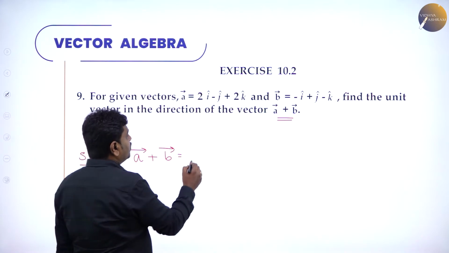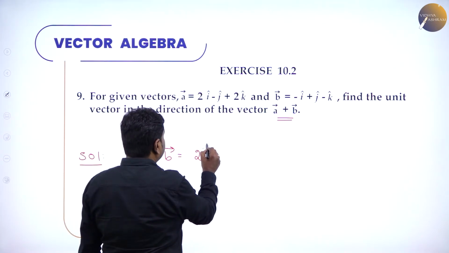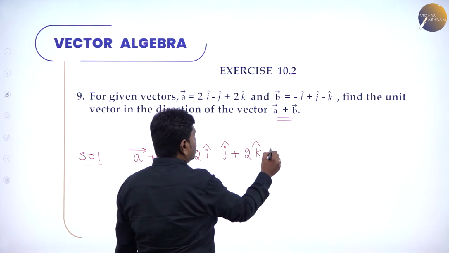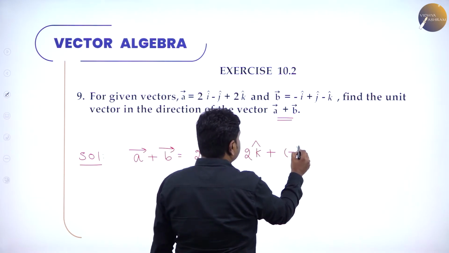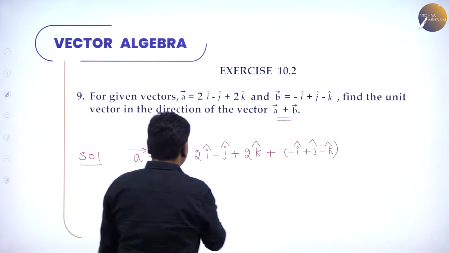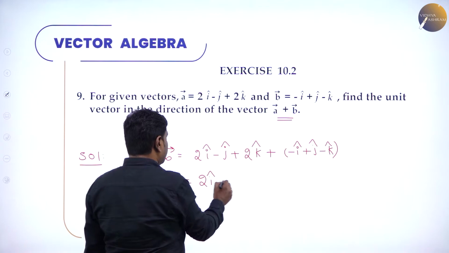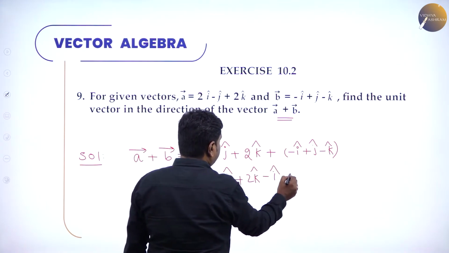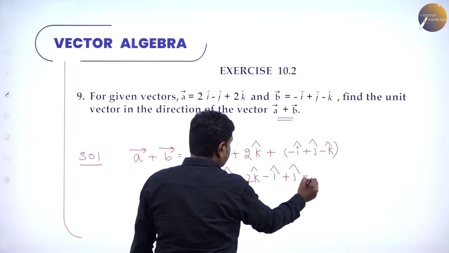Vector A plus vector B means the sum, that is 2i cap minus j cap plus 2k cap plus vector B, which is minus i cap plus j cap minus k cap.